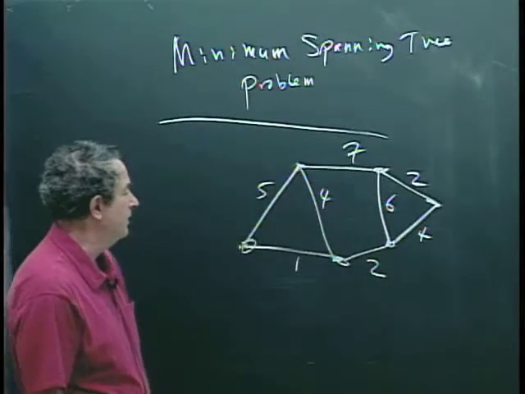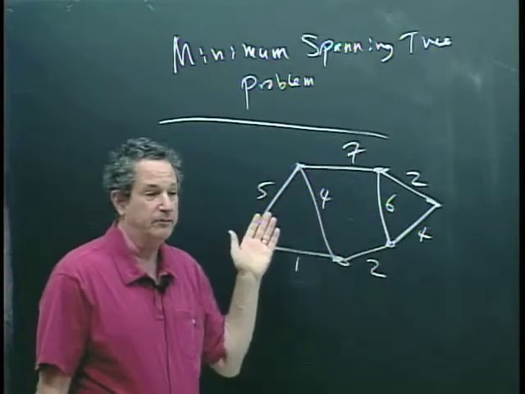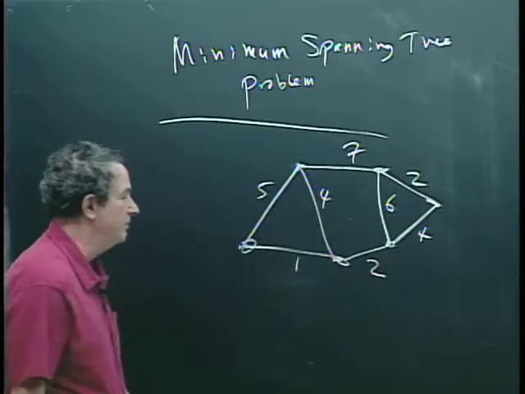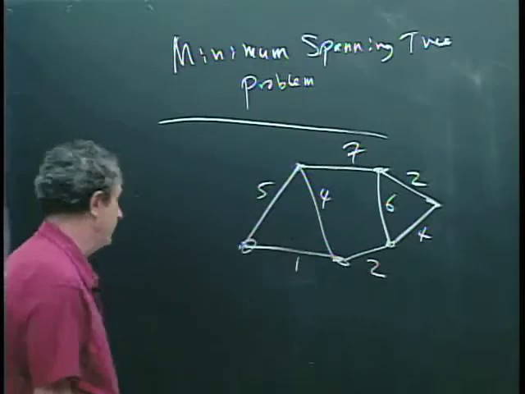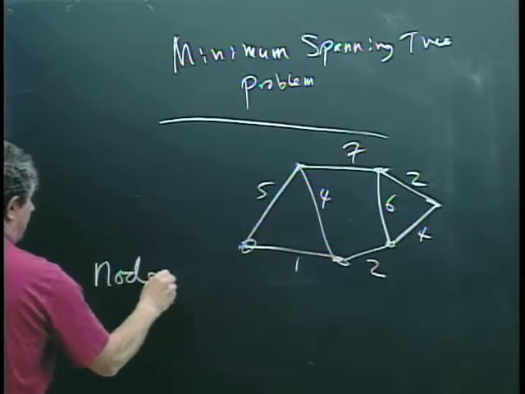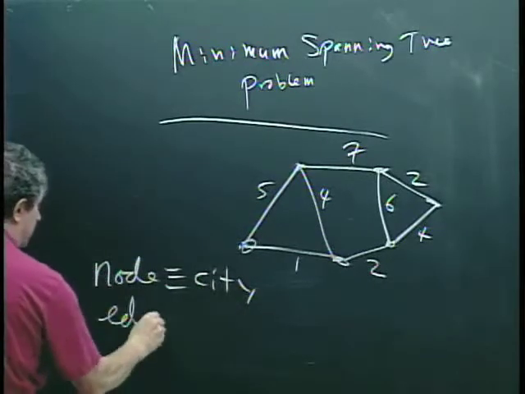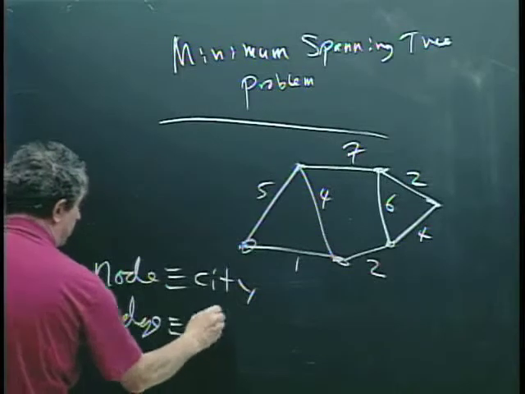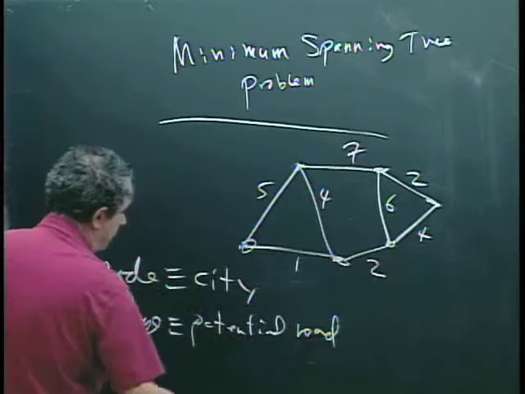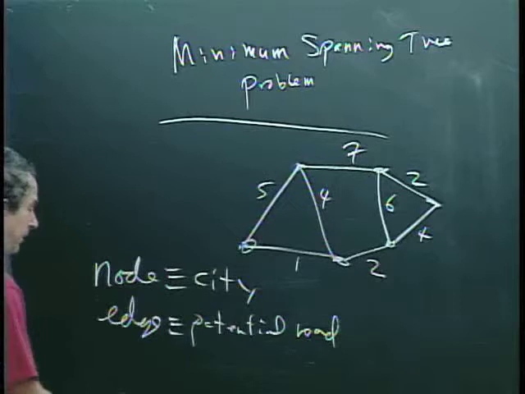And the goal is to build a system of roads so that you can get from any one place to any other place, with the minimum total cost. So if we consider the node, let's say, is a city, and an edge is a potential road. It could be built or purchased or rented or whatever interpretation you want to think of it.